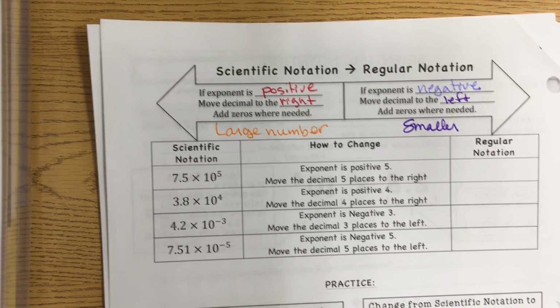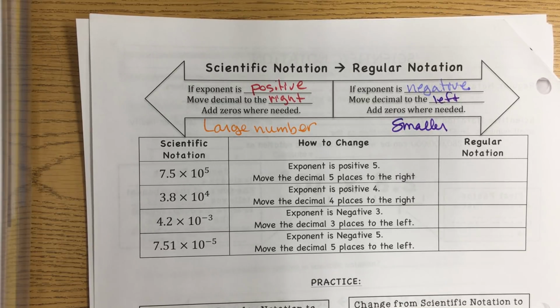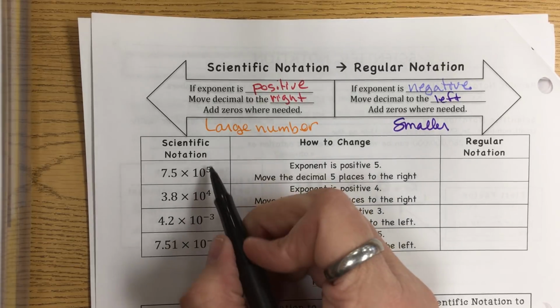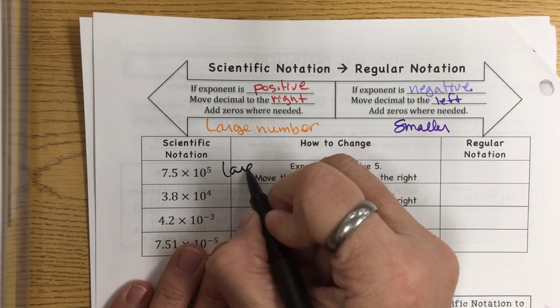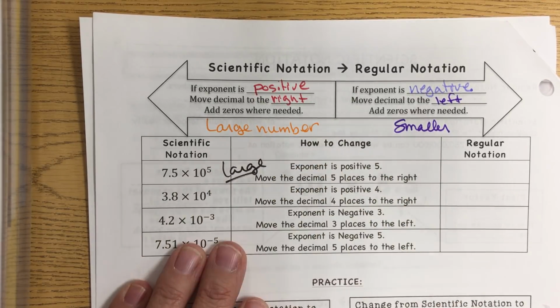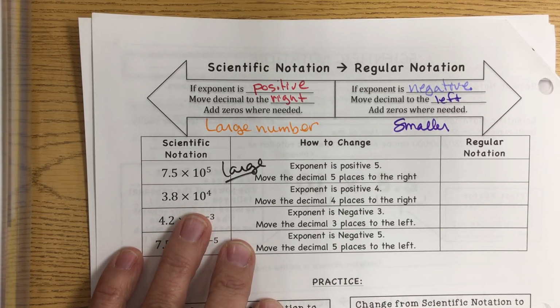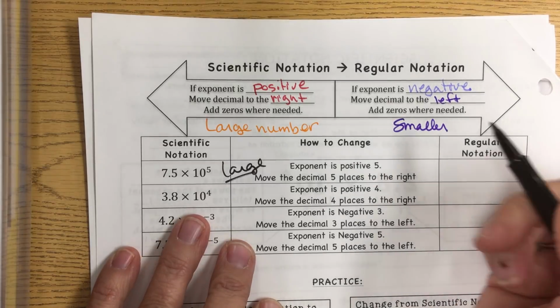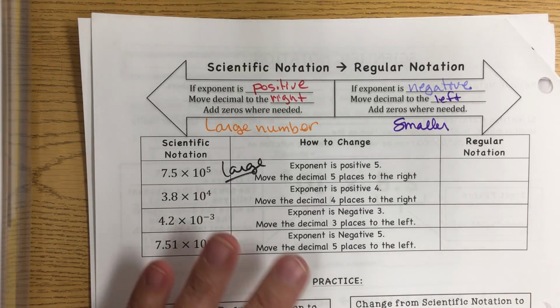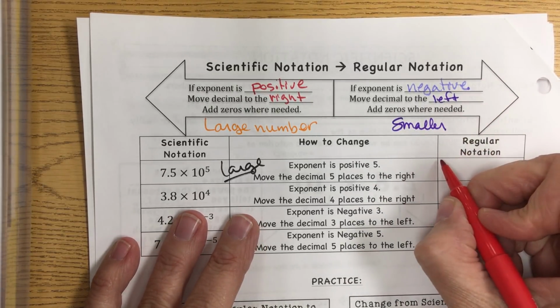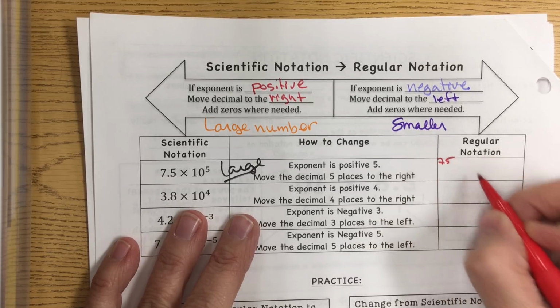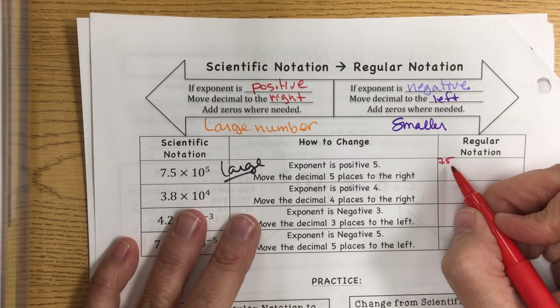So now I look at these problems right here. If I look at those, I notice, guess what? This is a large number because this exponent is positive. So I'm going to move that decimal over 5 times. Now I'm going to actually use my little space over here, 7.5, and I need to move it over 5 times.